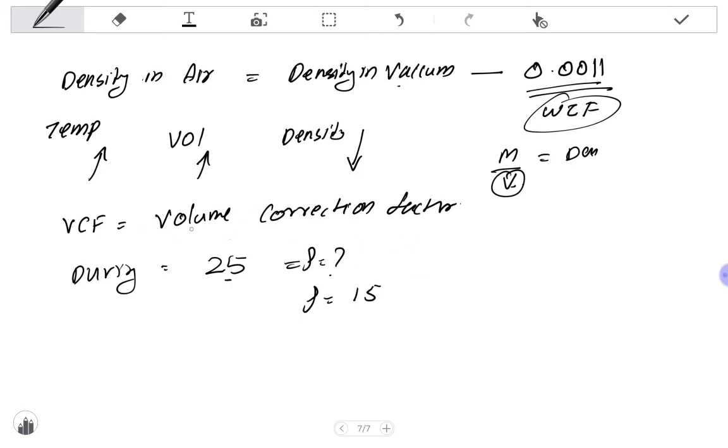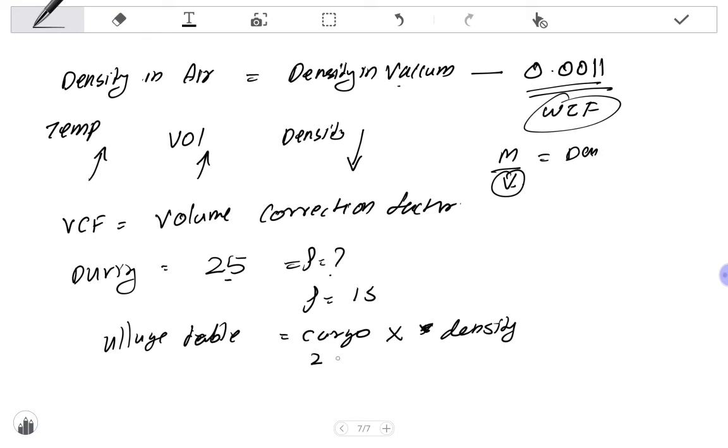So you only have the volume. From tank ullage, you use the ullage tables. You get cargo volume, right? This cargo volume into density will give the weight of the cargo.